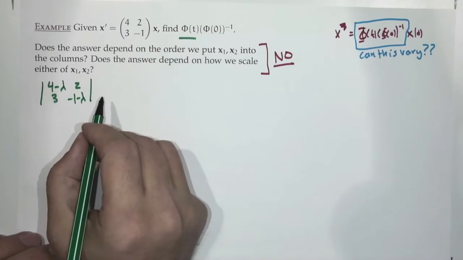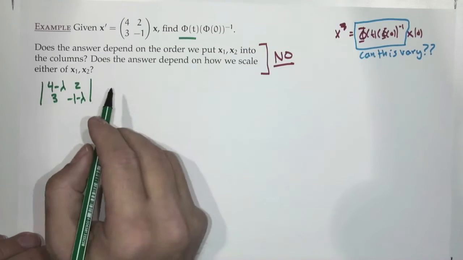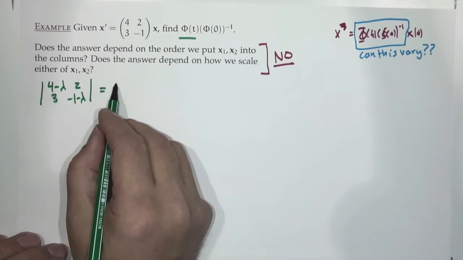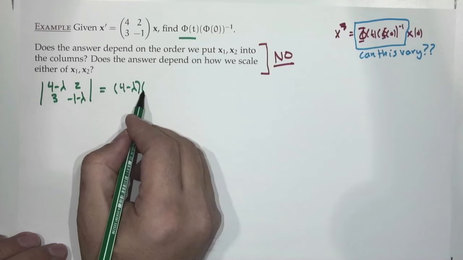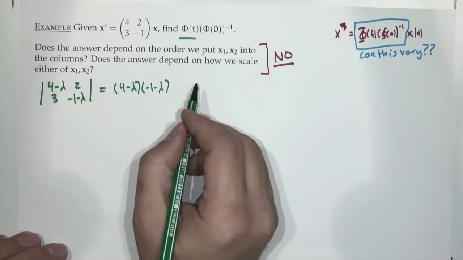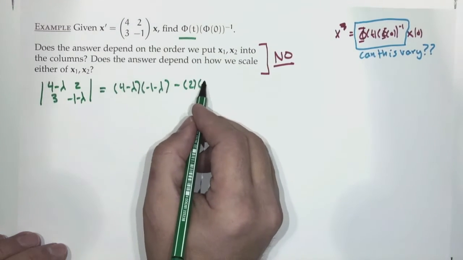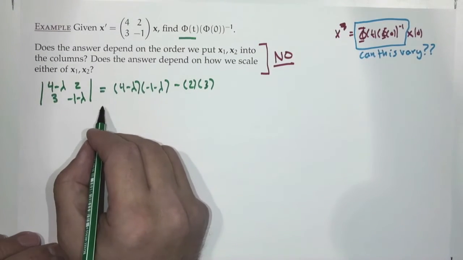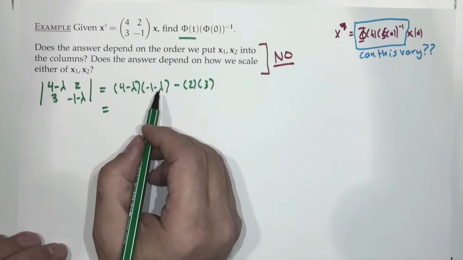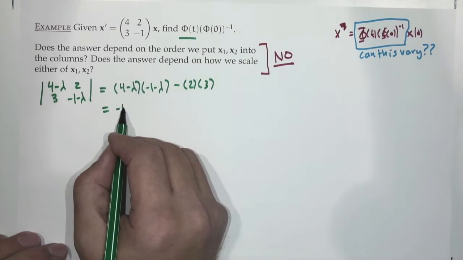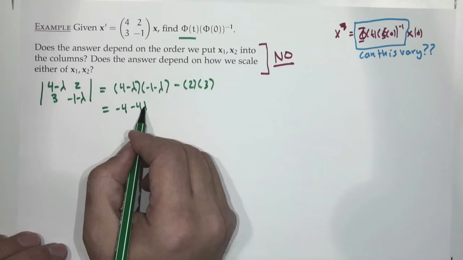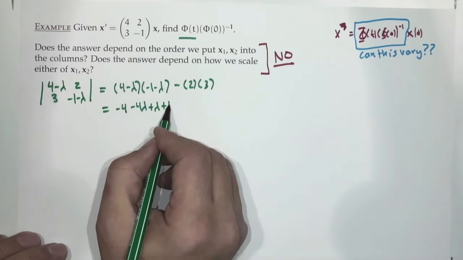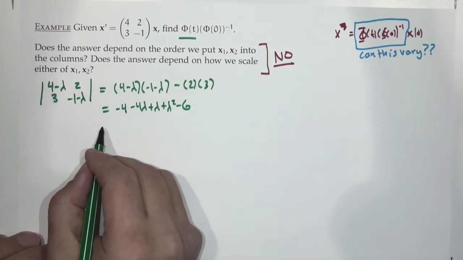All right, we're taking our 2 by 2 determinant of A minus lambda I. So that's 4 minus lambda times minus 1 minus lambda. Subtract 2 times 3, so that diagonal going down, subtract diagonal going up. All right, we'd have minus 4 lambda plus lambda squared minus 6.